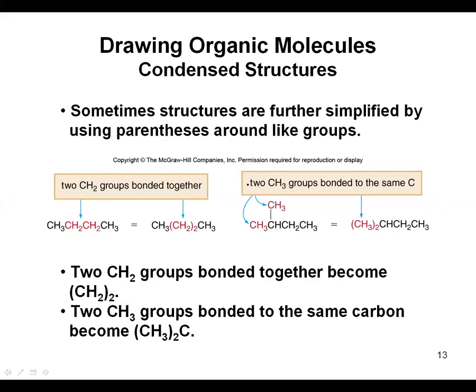Now, sometimes we do have a big run of carbons in a row, like what we have here, for example, and that's not a giant run, but this is a repeating unit here of 2 CH2 units. So sometimes in the condensed formula, people will put parentheses around a repeating unit, and then a little number next to it to indicate how many of those repeating units there are.